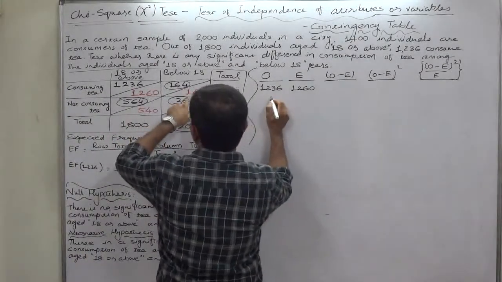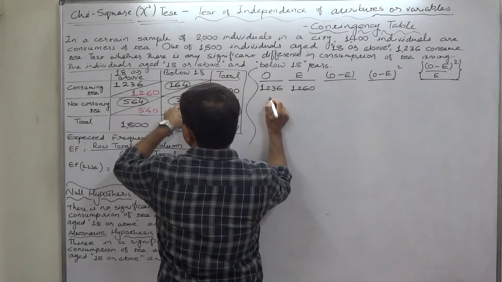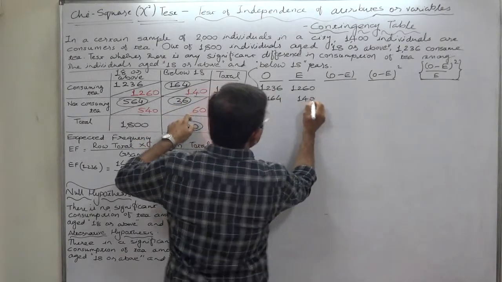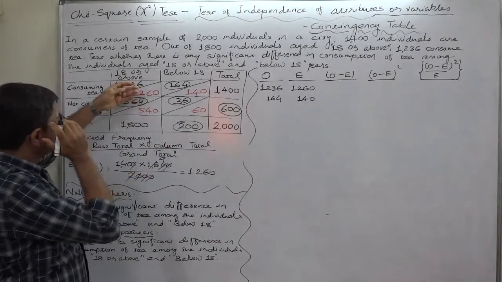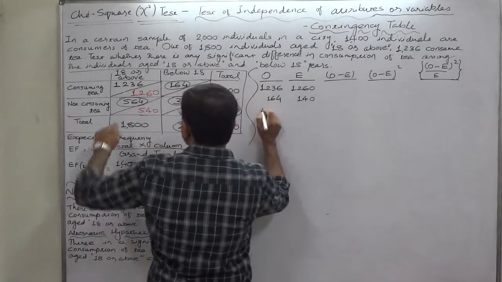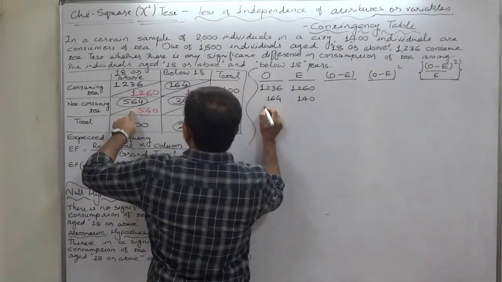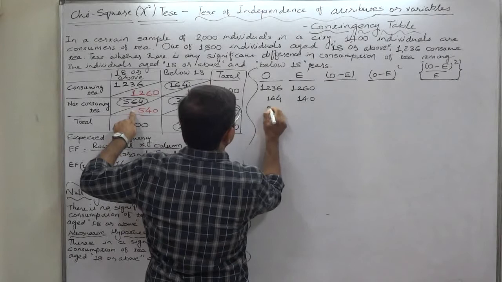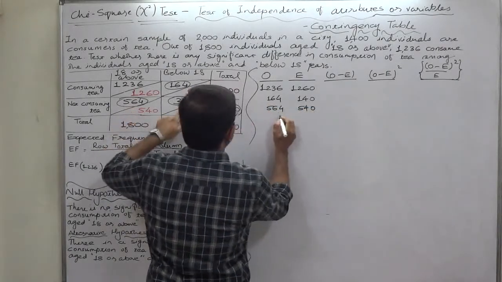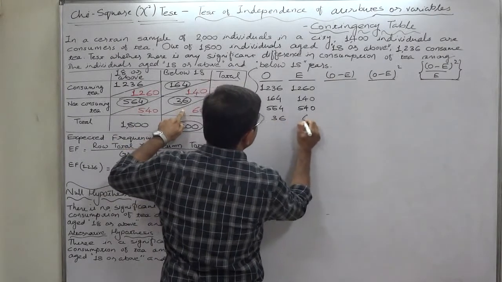Similarly, 164 and 140, you can write in columnar form also or in row form also, but don't forget to maintain the pair. 564 and 540 and 36 and 60.